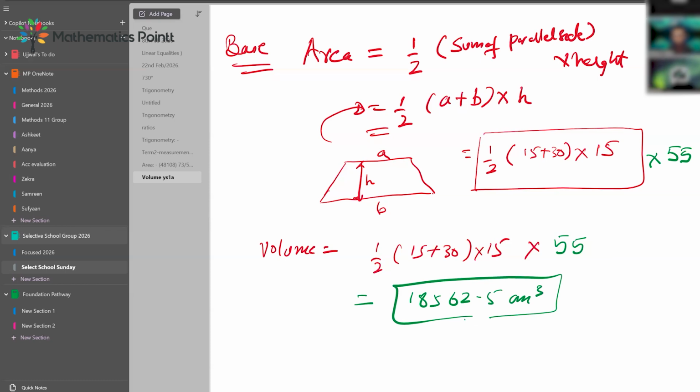Can I ask you one thing? Can you convert this 18562.5 into liters, please? Can you tell me how many liters would this be?